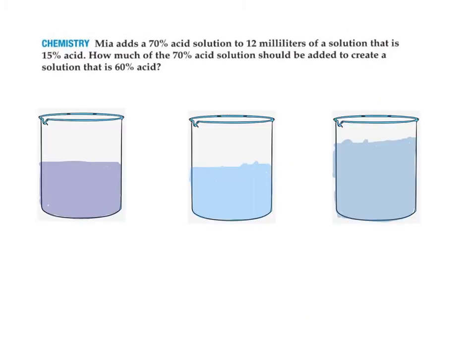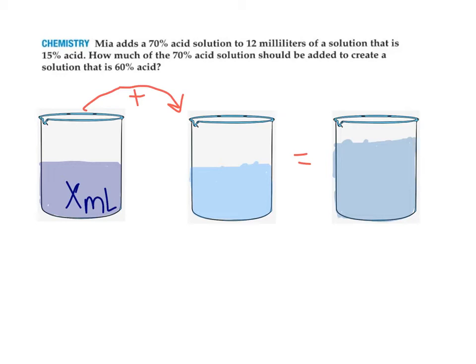So now if we come back to our problem, we know that we want to take a certain amount of this 70% and add it to this 15%, which would give us then 60% of our final solution. Now we don't know how much of this first acid solution we need to put in, so we're going to call it X milliliters.